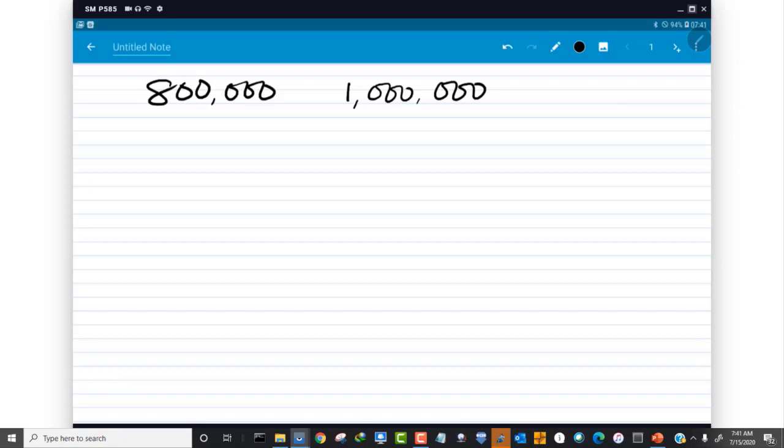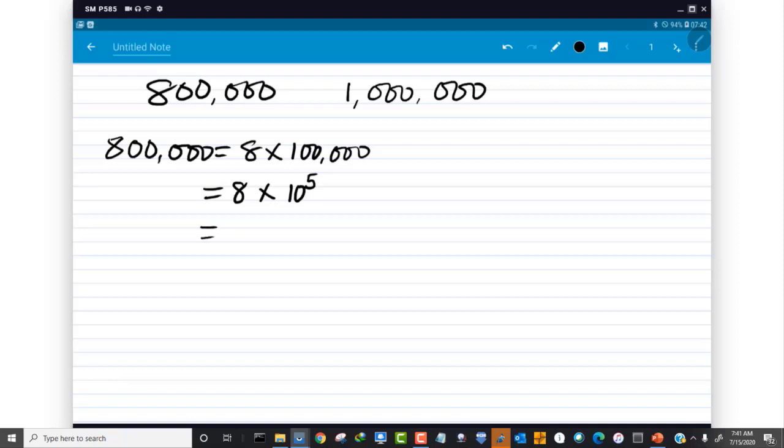So now remember, we can use prime factorization to find the HCF of our numbers. For 800,000, using prime factorization, we have 8 times 100,000, which is 8 times 10 raised to the power 5. 8 is 2 raised to the power 3, 10 is 2 times 5, so this will be 2 raised to the power 3 times 2 raised to the power 5 times 5 raised to the power 5.